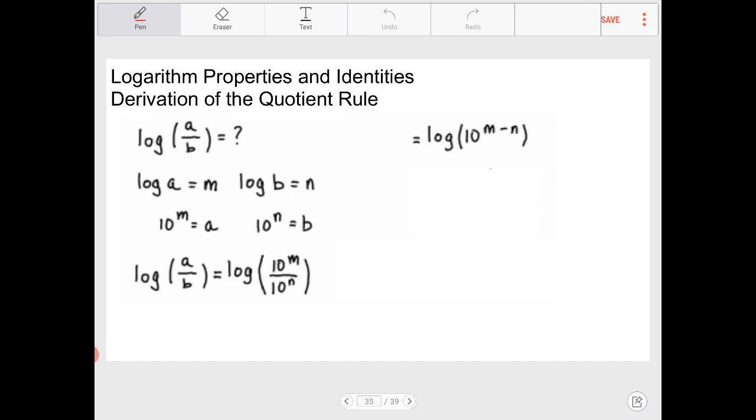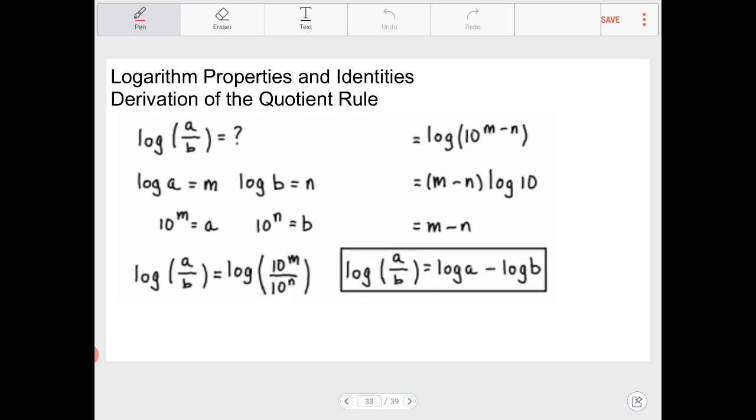And I can now apply the power rule. m minus n, the exponent, comes out in front, becoming a coefficient. And recognizing log of 10 is equal to 1, this whole becomes just m minus n. Therefore, log of a quotient becomes log of the numerator minus log of the denominator.